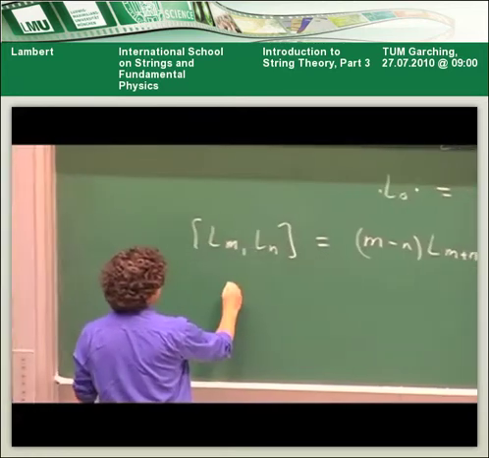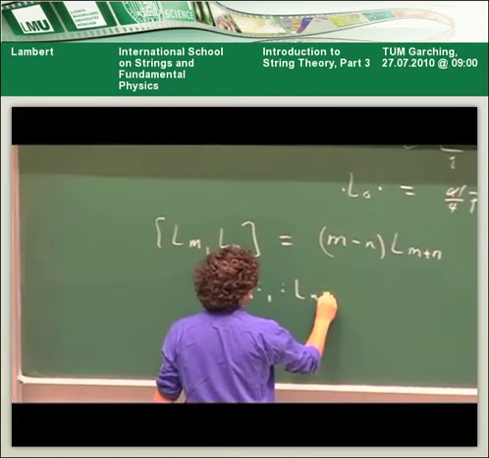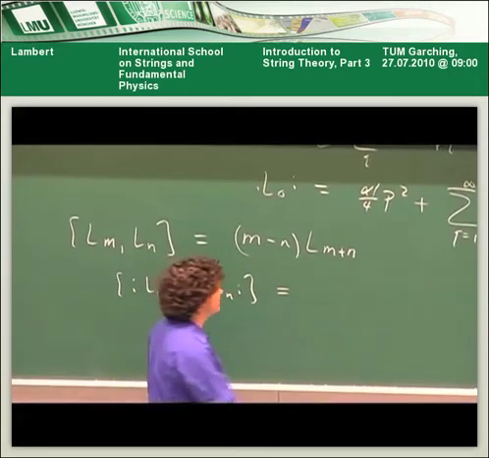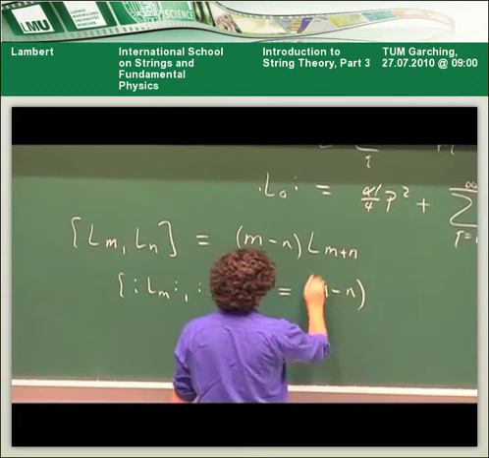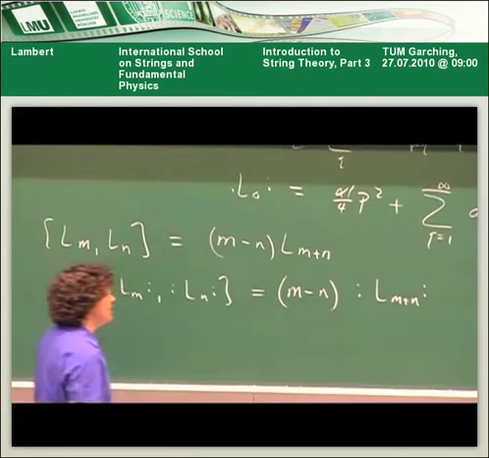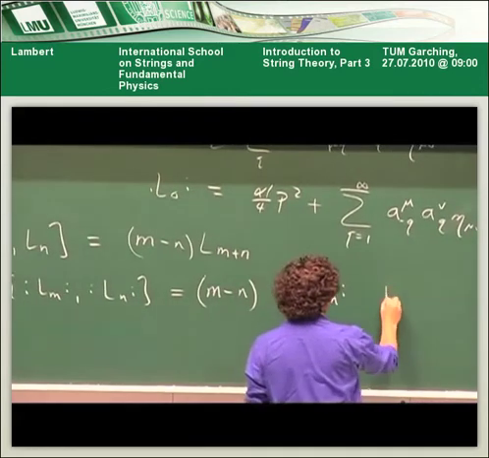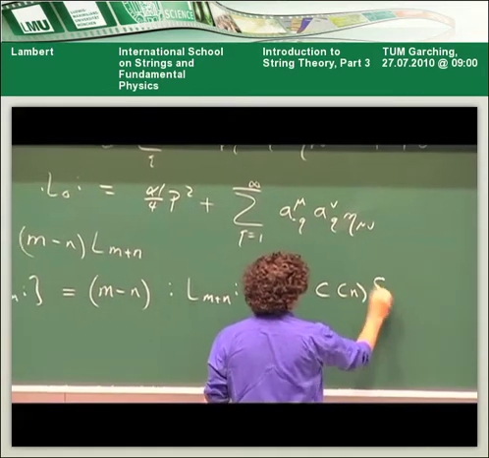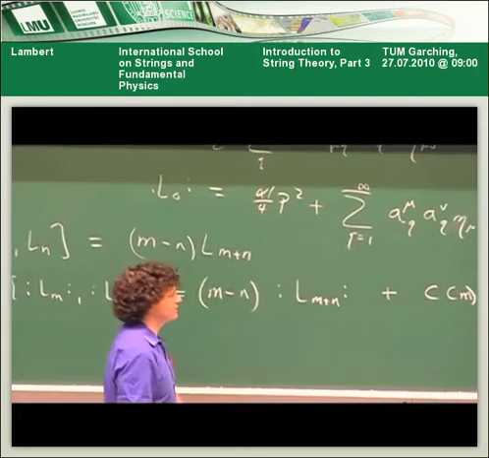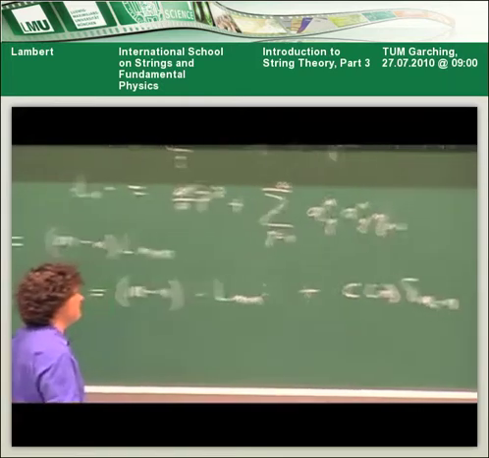So in the normal ordered form, you can guess, or perhaps a better word might be deduce, that the normal ordered expression will be like this, but I might run into some problem when m plus n equals 0. So I've got the constraint that when m plus n equals 0, there'll be some number here, which in principle could depend on m, and it does depend on m.